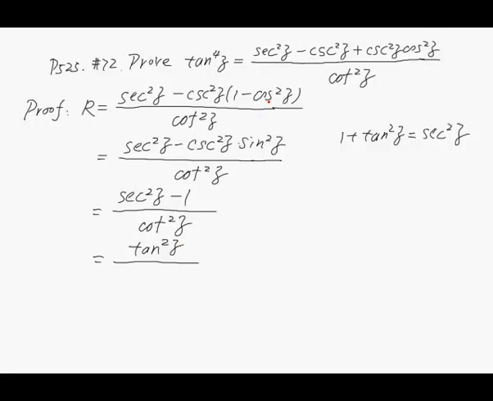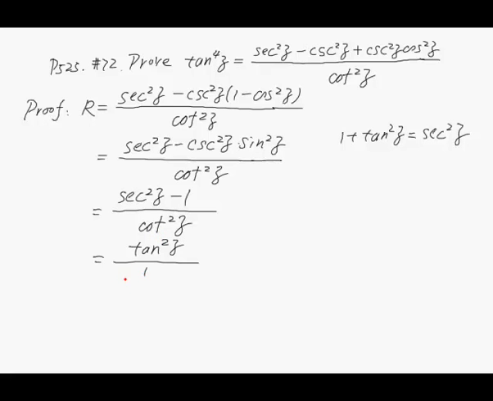You should always keep the other side in your mind as the goal. So we need to get the tangent to the fourth power of z, right? Now here we have the tangent square of z in the numerator, and the denominator is cotangent, so we need to convert this cotangent to tangent by using the reciprocal identity.